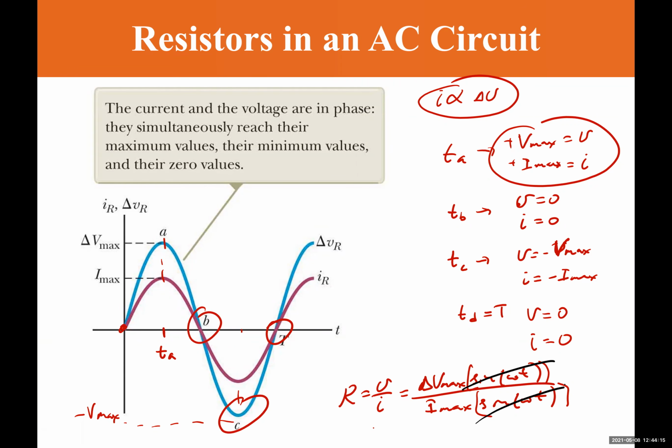That means it just depends on V max over I max. If I increase the frequency here, I'm increasing the frequency over there, and the sine argument for both will always be the same. So we can just cancel it out, and the resistance equals V max over I max. And it will never change. So that's what we have for the resistor.